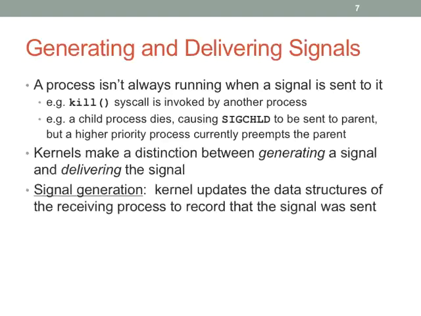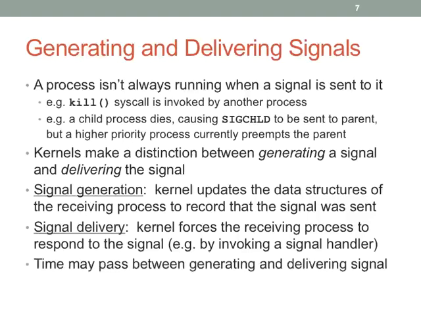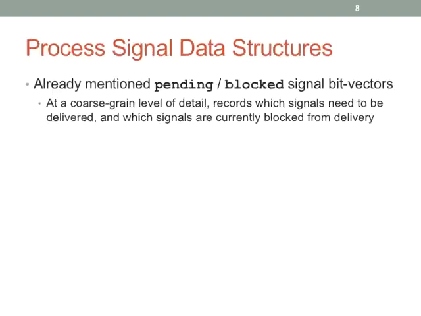Generation is basically about updating the data structures of that process to say there is now a signal that's going to be delivered to that process. And delivery is about the kernel making sure that signal is actually delivered to the process, perhaps by running a user mode signal handler, maybe by terminating or suspending the process, or whatever the signal's response requires. And there may be a lot of time between those two steps.